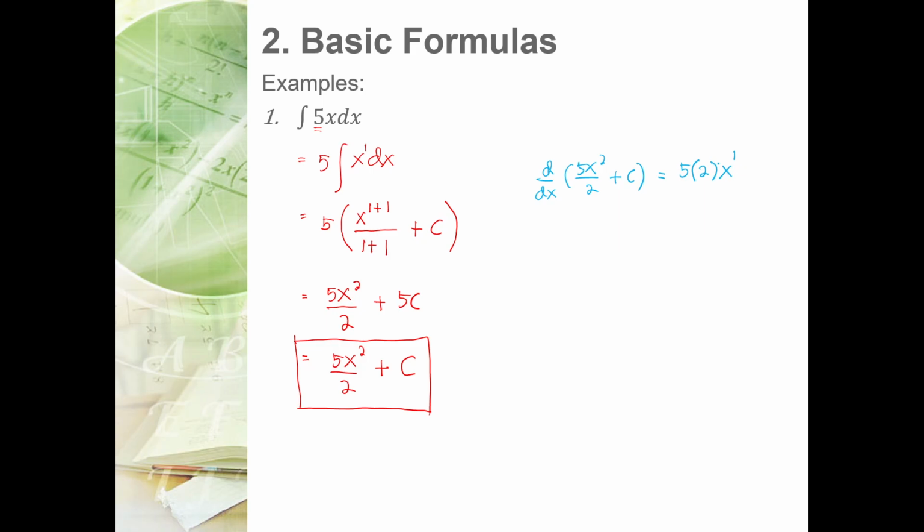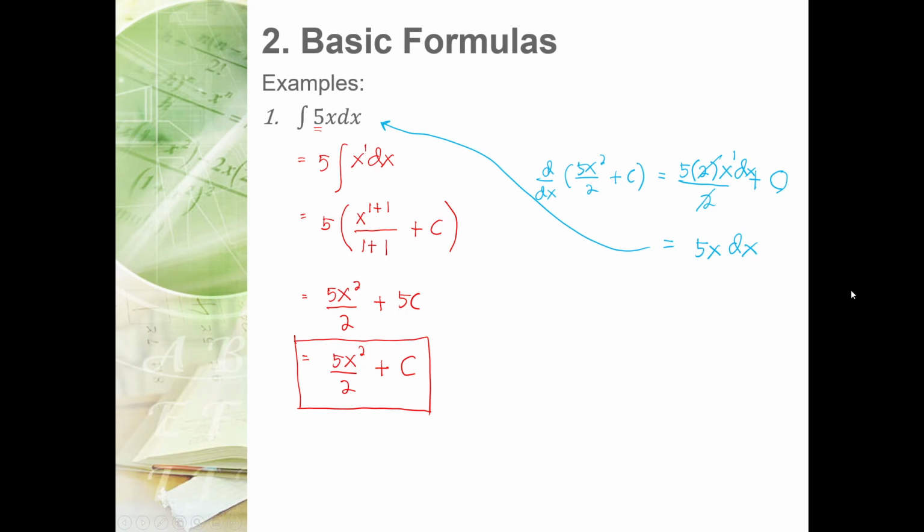Then the derivative of x is dx. The constant stays, all over 2 plus c. So cancel out 2. The derivative of c is 0. So the answer is 5x dx, the same as the given equation.